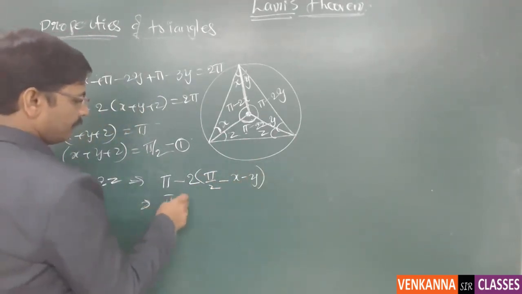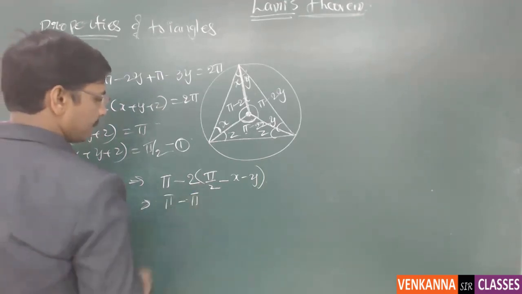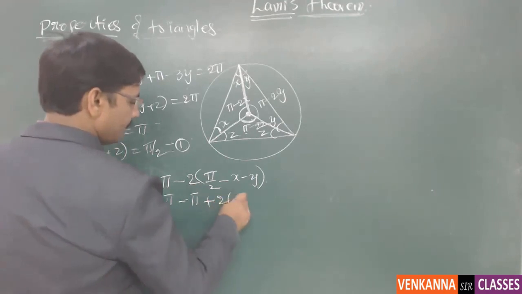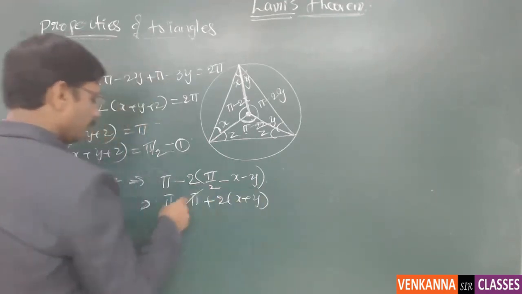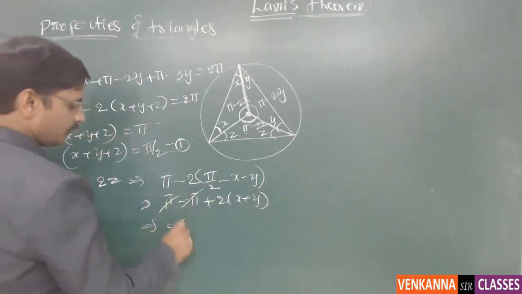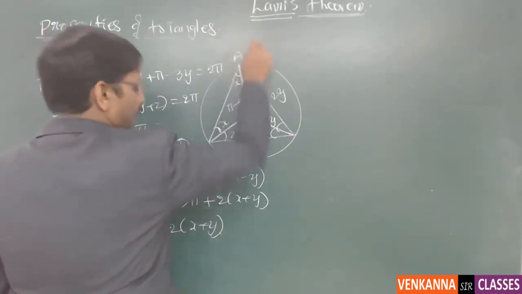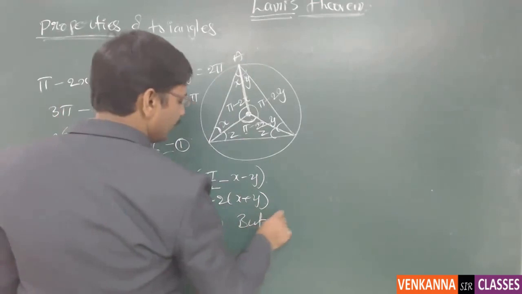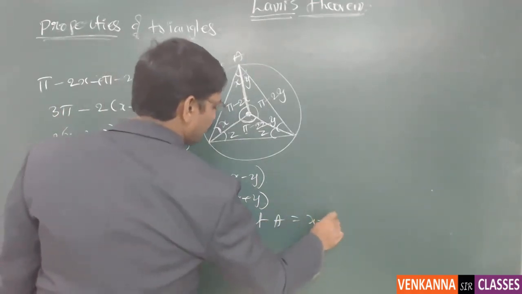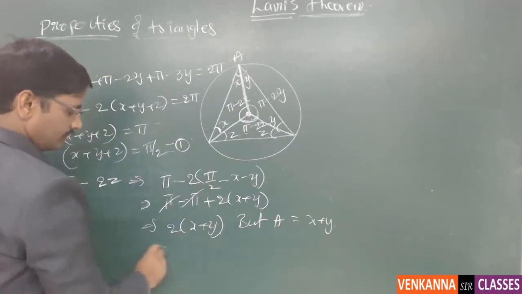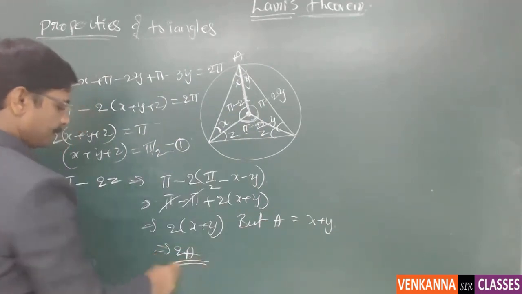So this will be pi minus pi plus 2 times x plus y. Pi will cancel out, and this will be equal to 2 times x plus y. But angle A is equal to x plus y. Hence, obviously, this angle is nothing but 2 times A. Understood?